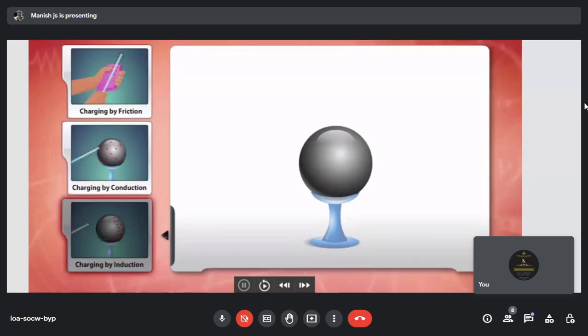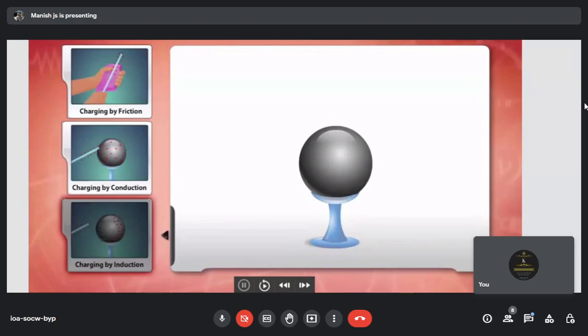So அப்படி நம்ம வைக்கும்போது what is going to happen? The charges in the metallic sphere, the negative charges and the positive charges, they accumulate at the rear ends. So positive charge is going to attract negative charge. Therefore, negative charge will move towards the end where the glass rod has been placed close by, and the positive charges will move to the other end.